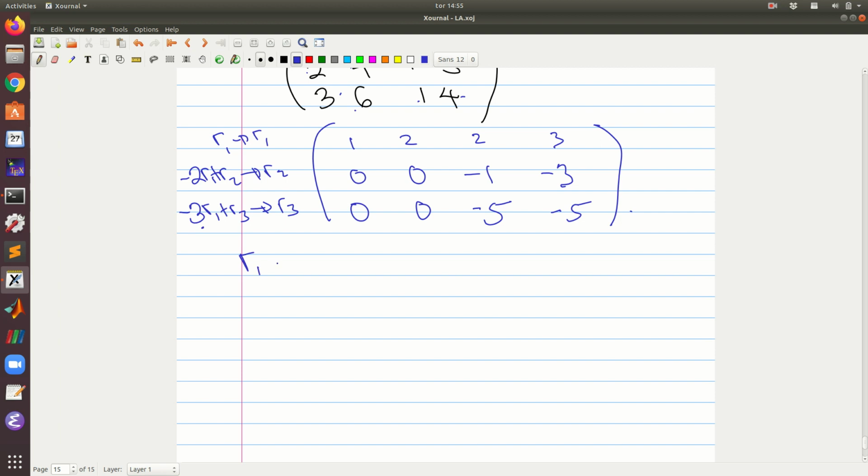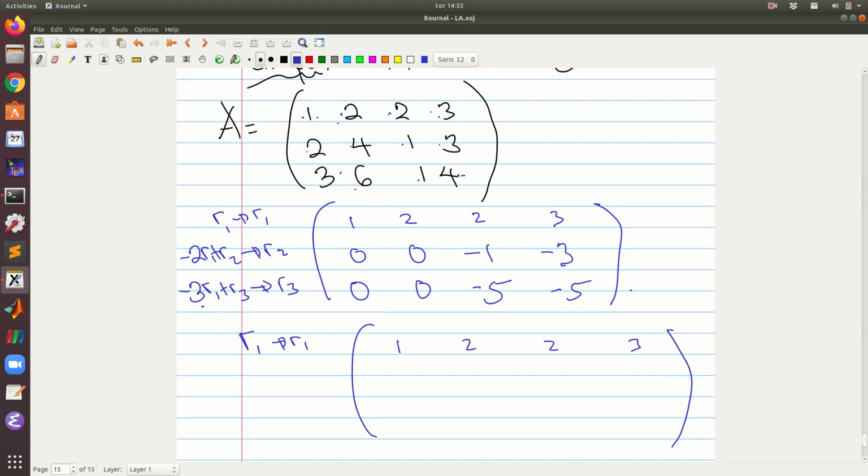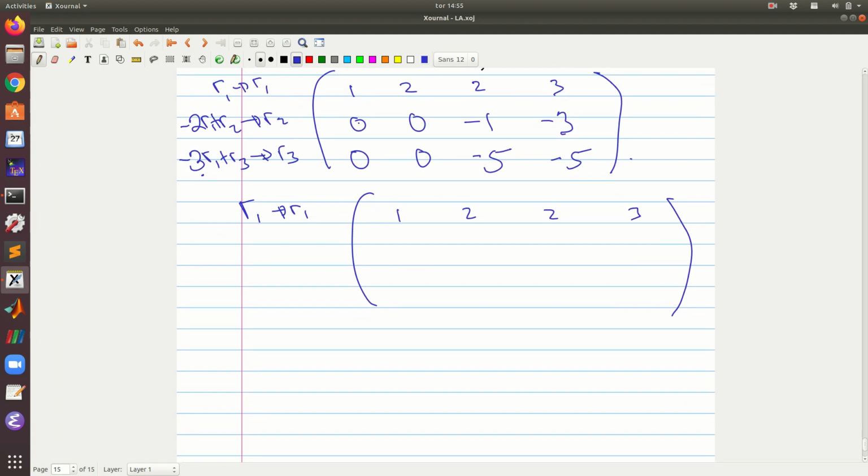Row 1 we replace in row 1, so we have 1, 2, 2, 3. Remember that in the first step we took our 1 here to be the pivot, so we eliminated everything below it. In the next step, this is our new pivot, and we would like to eliminate everything below it, so row 2 remains as it is.